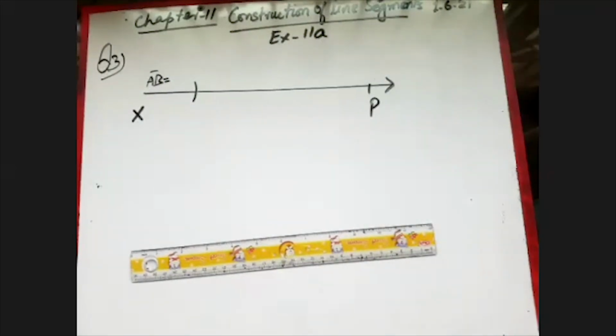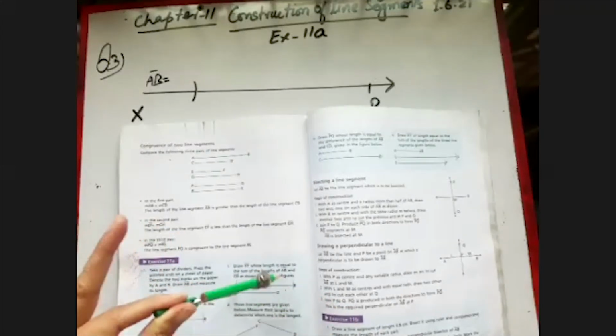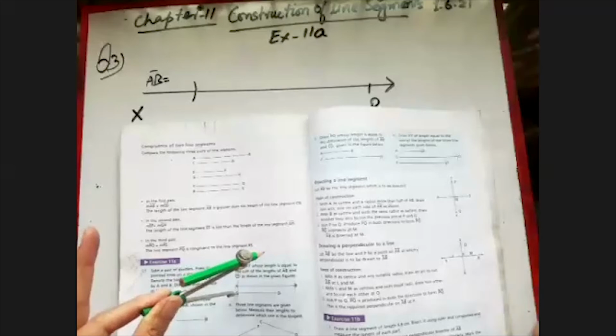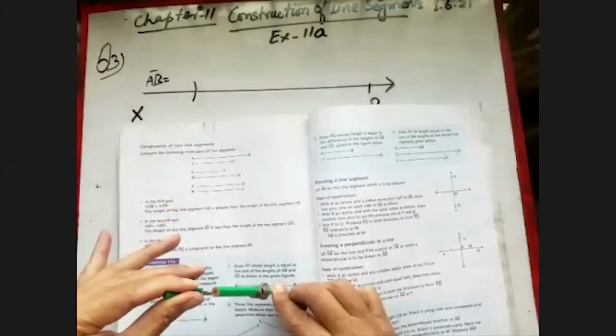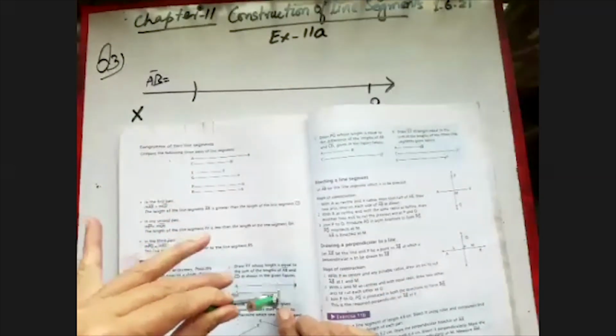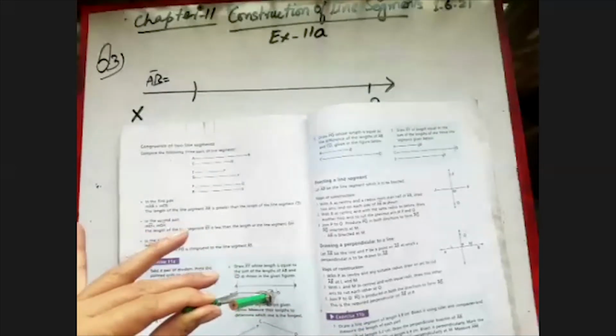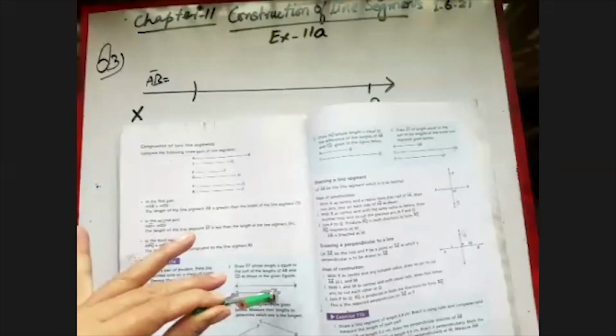Now you have to add the next line CD. So now put your compass metal end at C in your book, like I did. So open the compass up to D and mark an arc in your book. The distance is the same from C to D. You are getting this line.